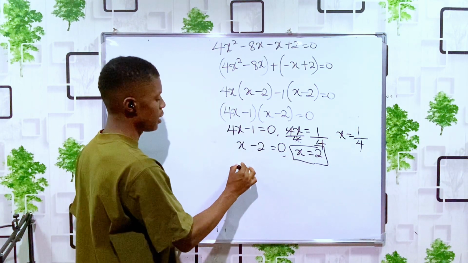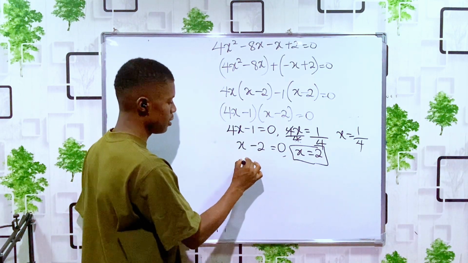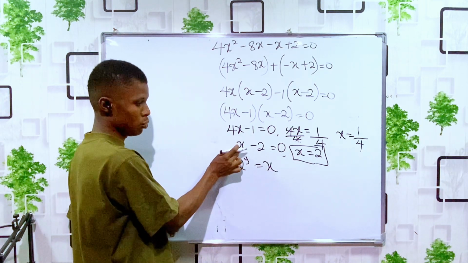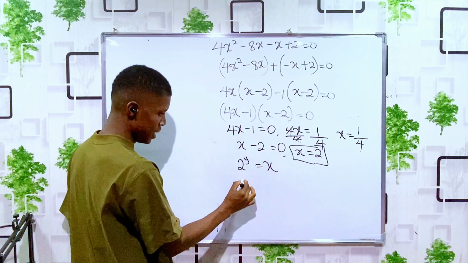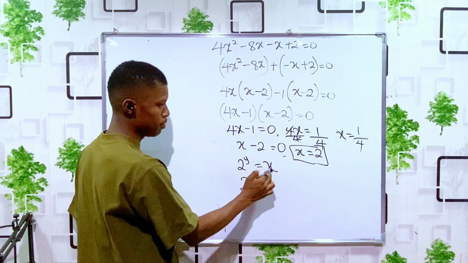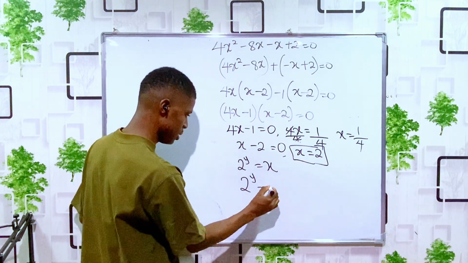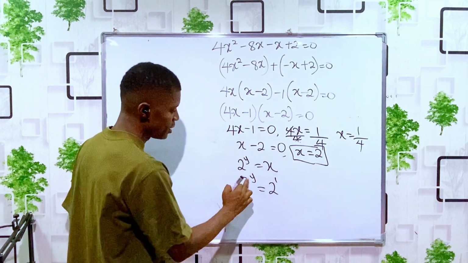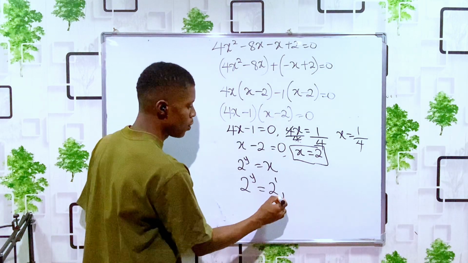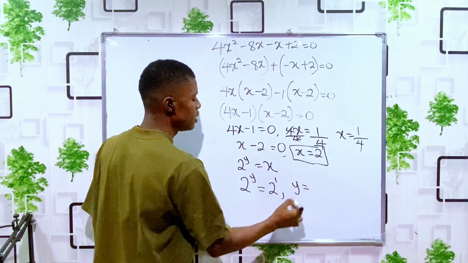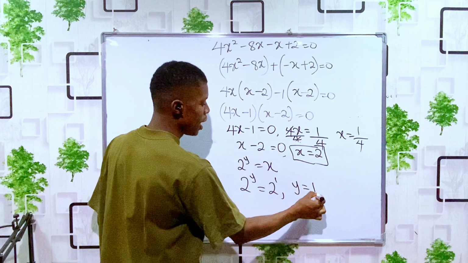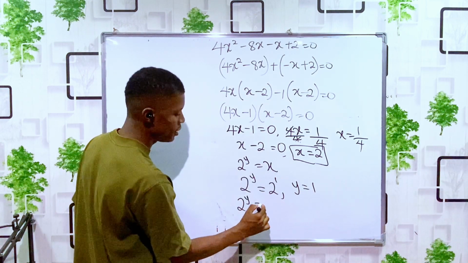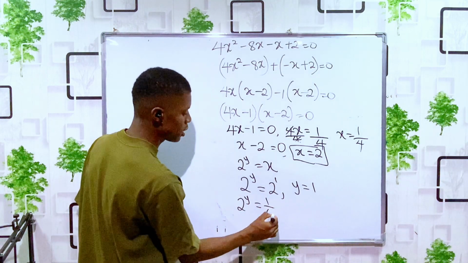Recall that we said 2 to the power of y is equal to x. That means for the first one, when x is 2, 2 to the power of y is equal to 2, which is 2 power 1. Since the bases are equal, the powers are equal, meaning that one of the solutions is y equals 1. Then for the next one, we have 2 to the power of y equal to a quarter.